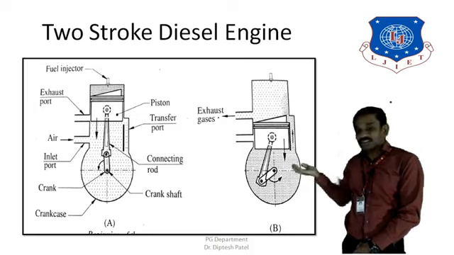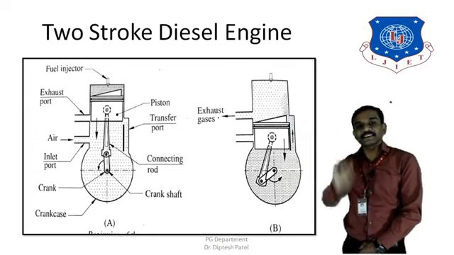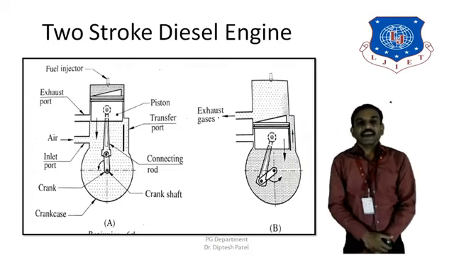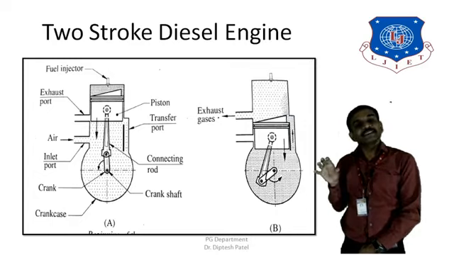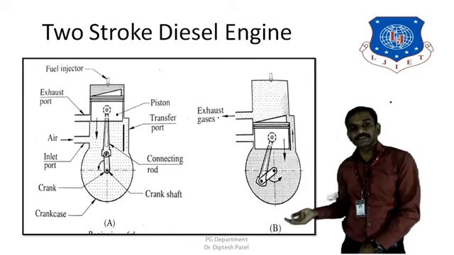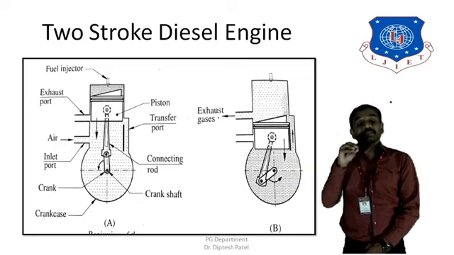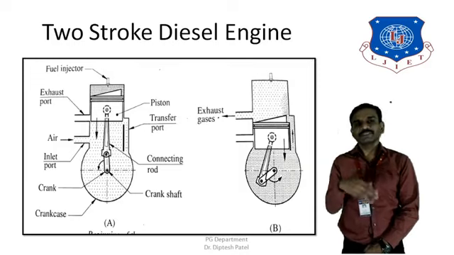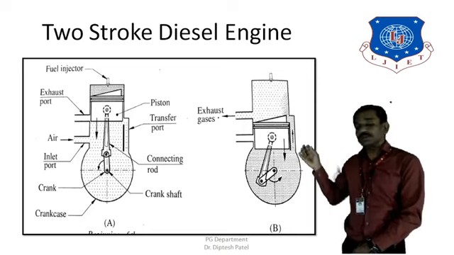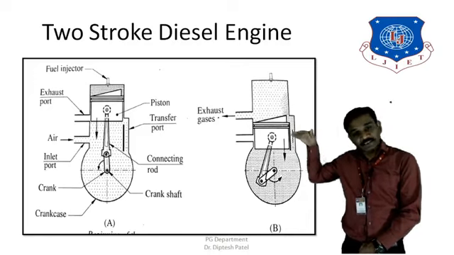At that time, the fresh air which remains in the crankcase would be pushed into the cylinder head due to the pressure difference, and this air would get compressed in the cylinder head when the piston is moving from BDC to TDC. After that, the fuel is injected into the cylinder, and the injection of the fuel would start the spontaneous combustion because it is in a high pressure and high temperature zone. So since the fuel and air mixture gets ignited, that pushes the piston again from TDC to BDC.